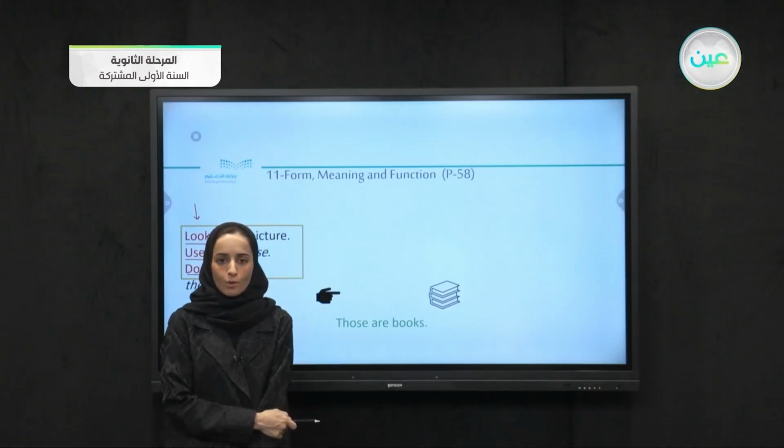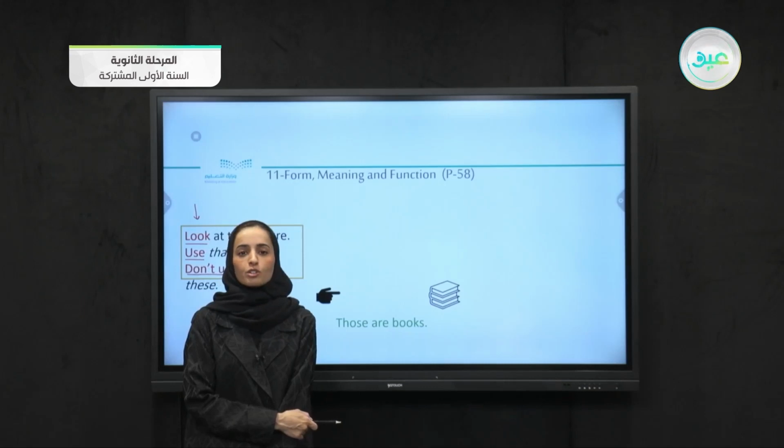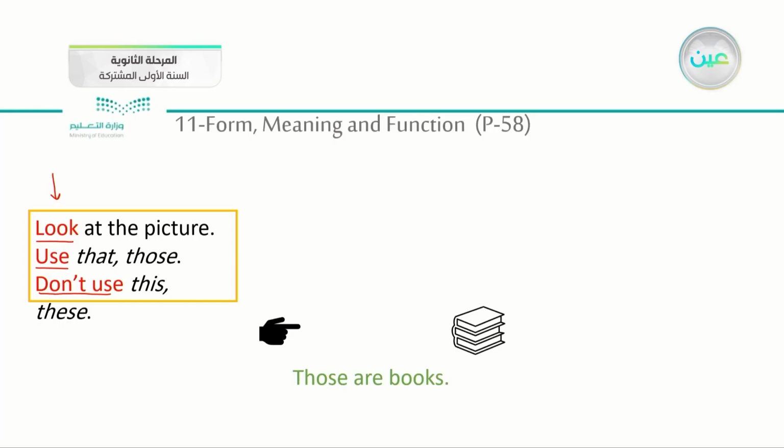Use those or that. Okay? When I am using this form of the verb, I am using the imperative. What is imperative? I am trying to give you instructions. Do this. Don't you do that. Go away or stop talking.